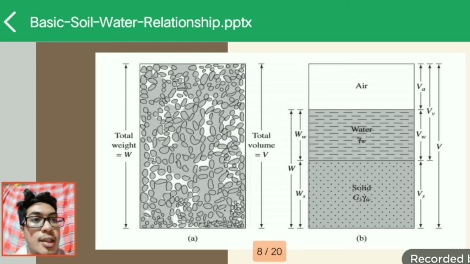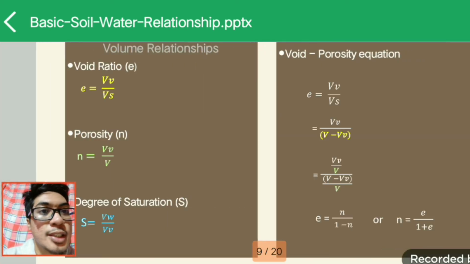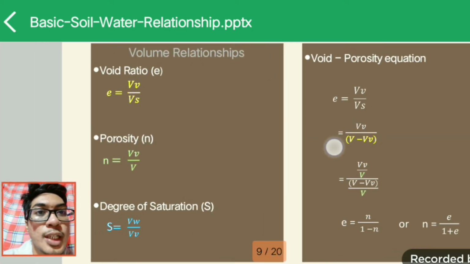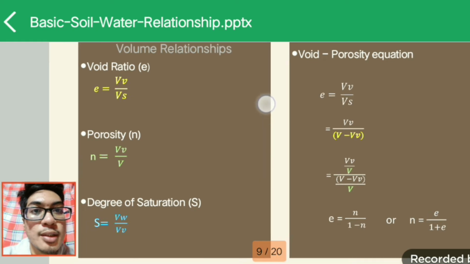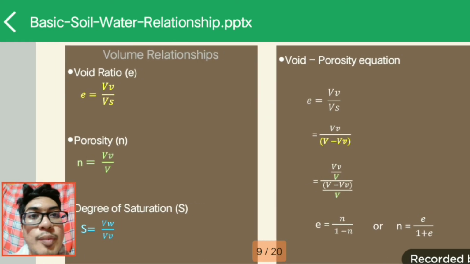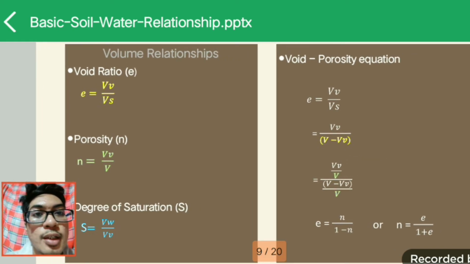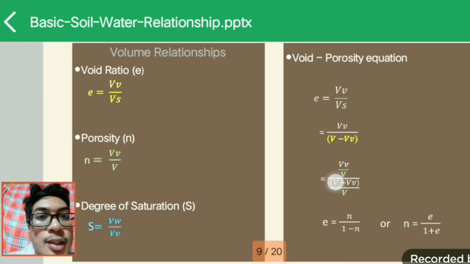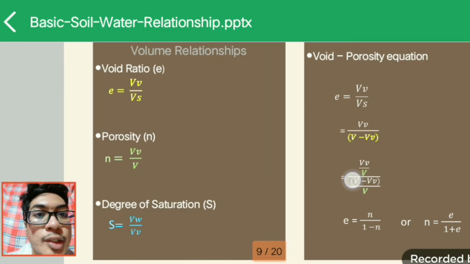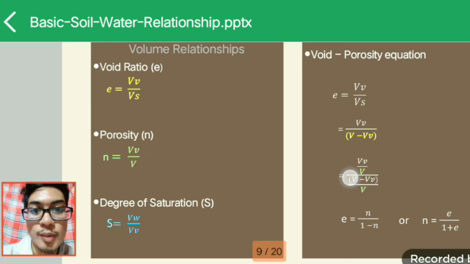So you can see what I'm talking about in this next slide, wherein we have the formulas. Looking at the figure, void ratio is equal to volume of void over volume of solid. For porosity, you have volume of void over the total volume, which is volume of air, volume of water, and volume of solid.